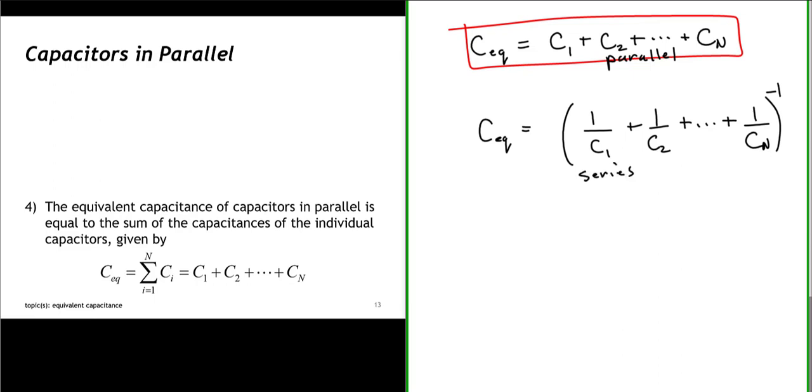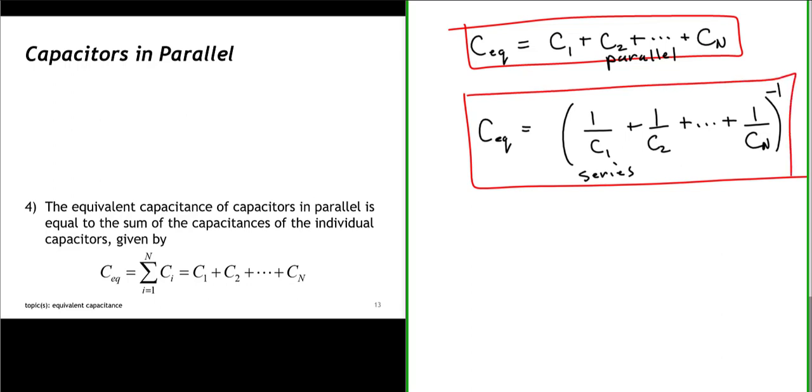So if you want to lower the equivalent capacitance of a circuit, wire them in series. If you want to increase the equivalent capacitance of a circuit, wire them in parallel.